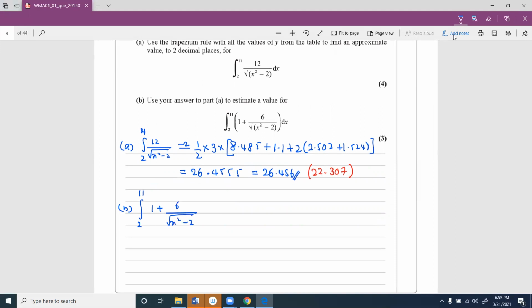This integration you can write as the integral from 2 to 11 of 1, plus the integral from 2 to 11 of 6 over the square root of x squared minus 2. But the integration available here is 12. Therefore, I can do this integration over here. This is x from 11 to 2. Plus this part you can write as half.